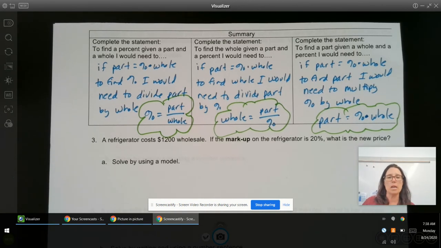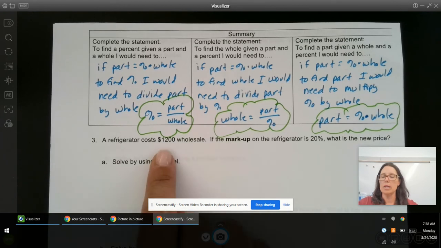Number 3, a refrigerator costs $1,200 wholesale. This word wholesale is exactly what I said when Target puts something on the shelf. They bought it at wholesale from a distributor, and then they're going to mark it up to sell to us, the consumer, to make some money.